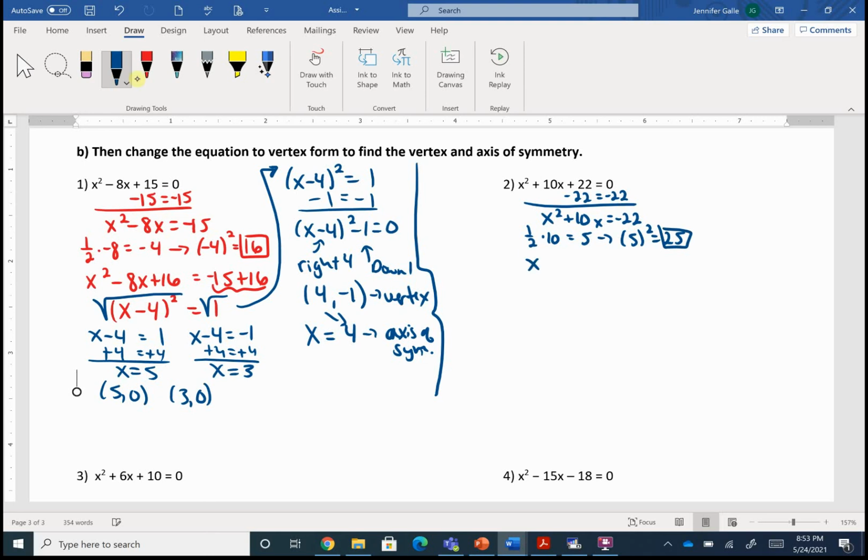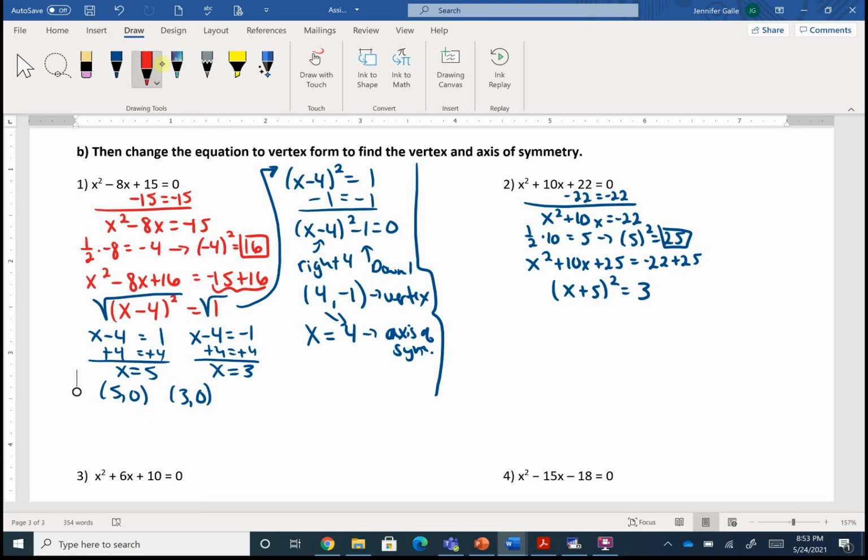To make our square, we need to add 25 on that left side. To keep things balanced, we're going to add 25 on the right side. To get our binomial squared, we have our x, and then half of b is positive 5. And then on the right side, we get 3.